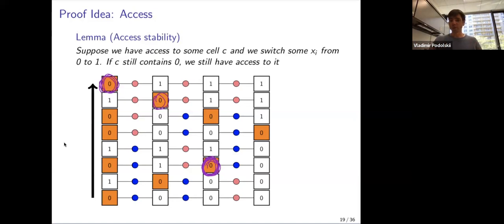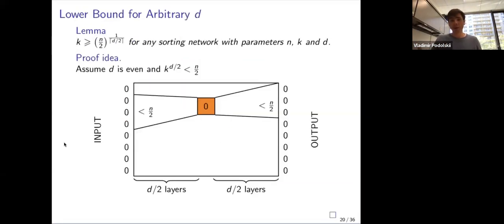So we have this lemma: access is stable. Great. Now we can actually use this notion to prove some lower bound, and I will start with the lower bound for arbitrary depth. So for arbitrary n, k, and d, we have this lower bound. I will prove it by contradiction. For convenience, I will assume that d is even, just to make the proof a bit cleaner.